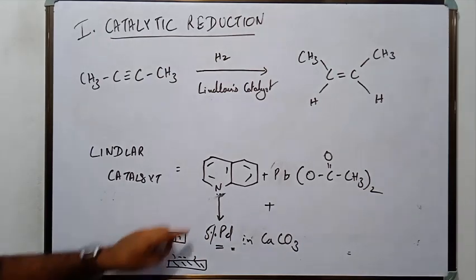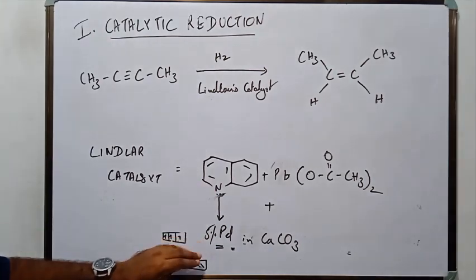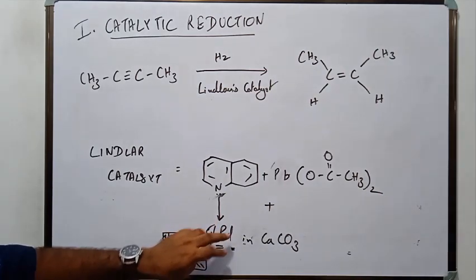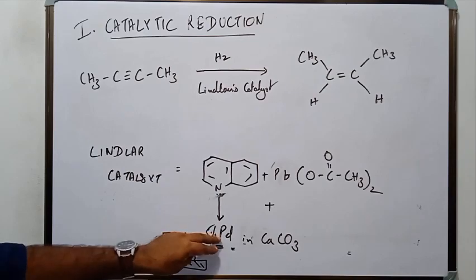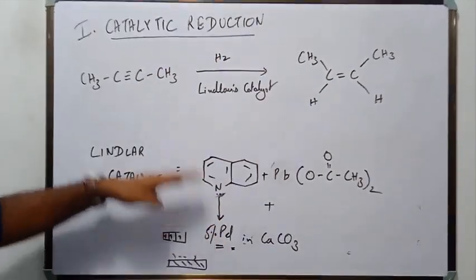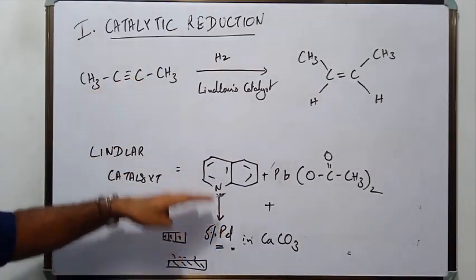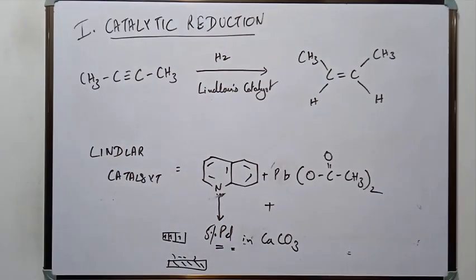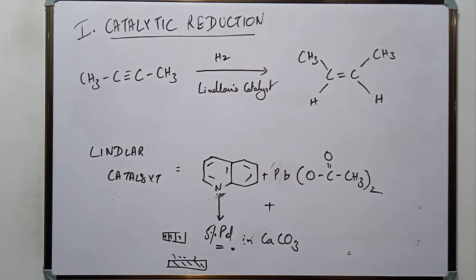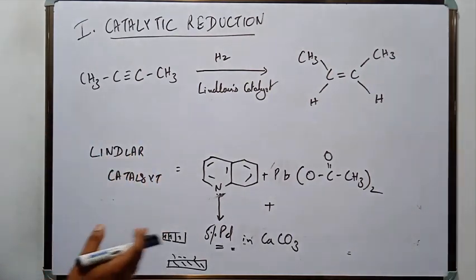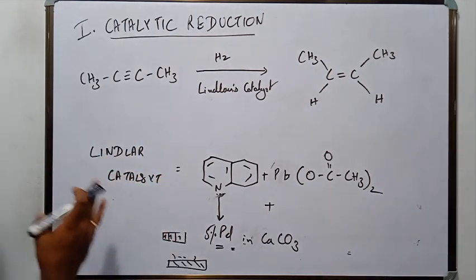So most of the space of palladium is occupied by quinoline. So there are only very few spots where hydrogen can attach or where acetylene can attach and hydrogenation can take place. Okay, so hydrogenation power is limited. So the efficiency of the catalyst has been reduced by using Lindlar catalyst.